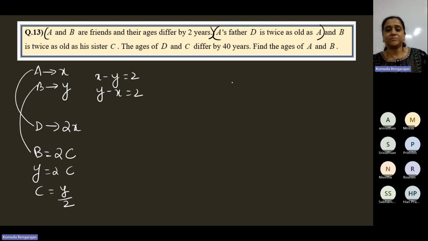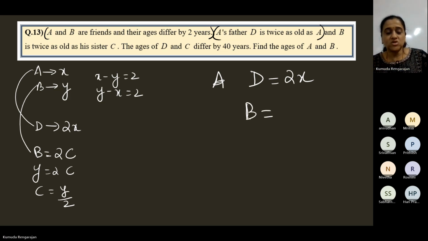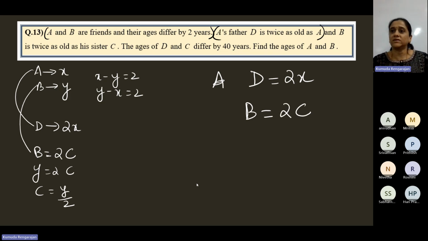See here, it's given A's father D is twice as old as A. What is A's age? X. So twice as old is 2X, and we got D in X only. Now B is twice as old as his sister C. B's age is Y, so Y is equal to 2C. Then C is Y by 2.